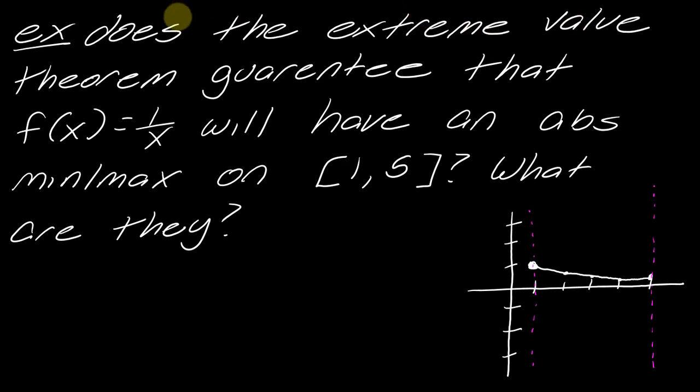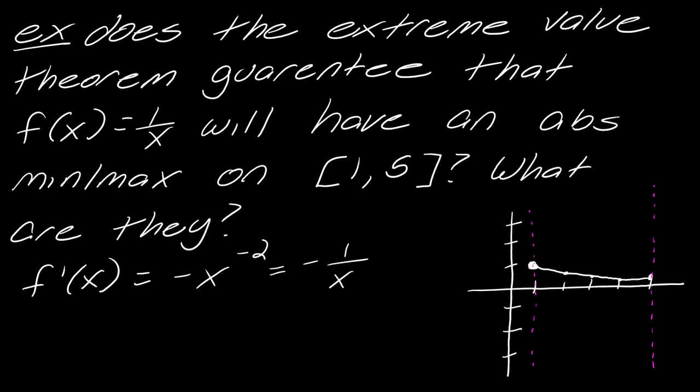So now the extreme value theorem says, yes, we are guaranteed to have a max and a min. And just by looking at the graph in this case, I can really see where the max and min are. But let's go the true calculus route. If I wanted to see, do I have any critical points in this interval, I would take the derivative of this, which would be negative x to the negative 2.